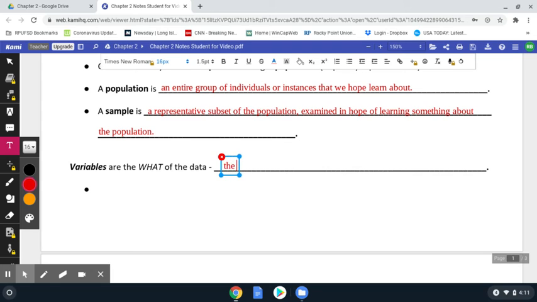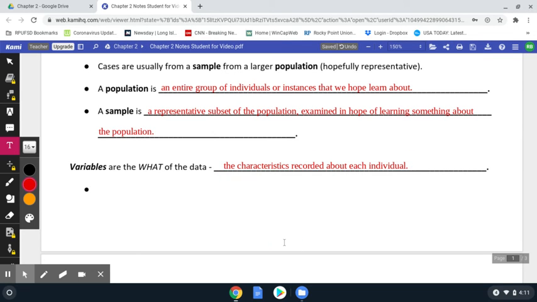We're going to say, what are some of the characteristics that we've recorded about each individual? What is the information that we've gathered? That's important. Okay, that's your what.